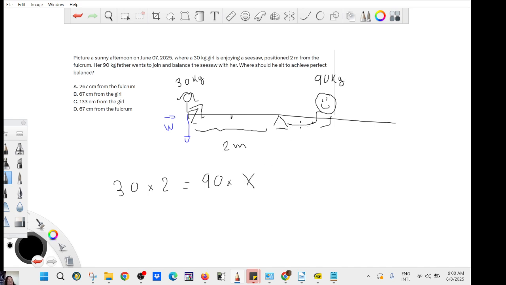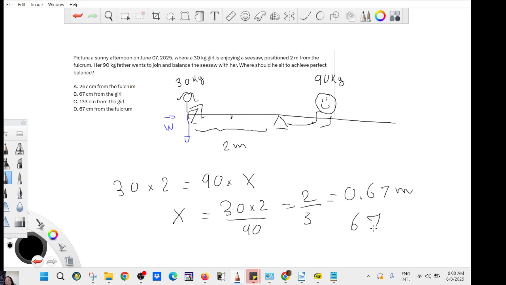So let's find that distance here. So x will be 30 times 2 over 90, which is 2/3, which is 0.67. Be careful with the units here. We have meters, so that will be meters.